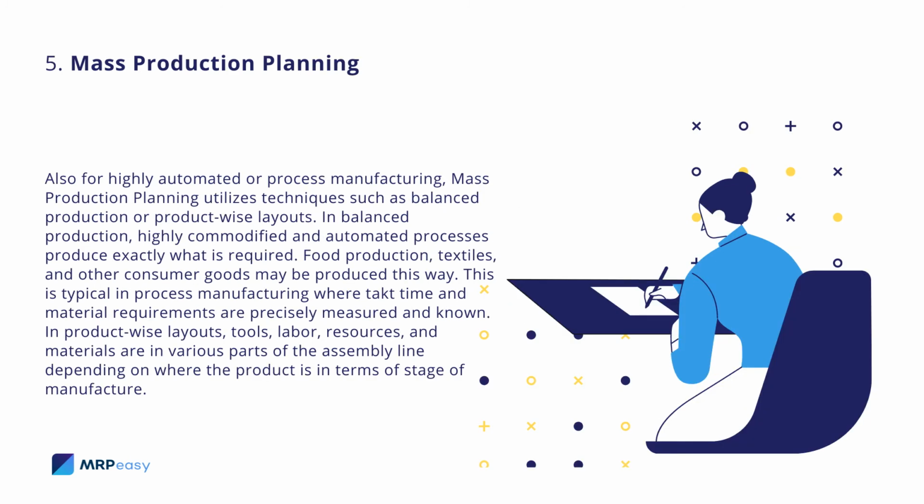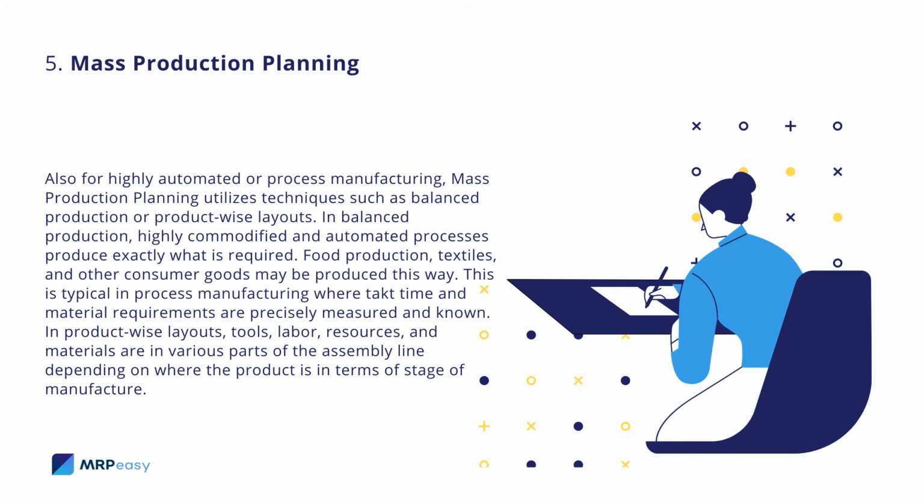5. Mass production planning. Also for highly automated or process manufacturing, mass production planning utilizes techniques such as balanced production or product-wise layouts. In balanced production, highly commodified and automated processes produce exactly what is required.